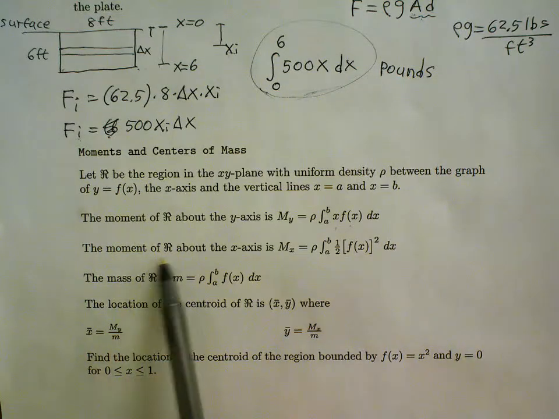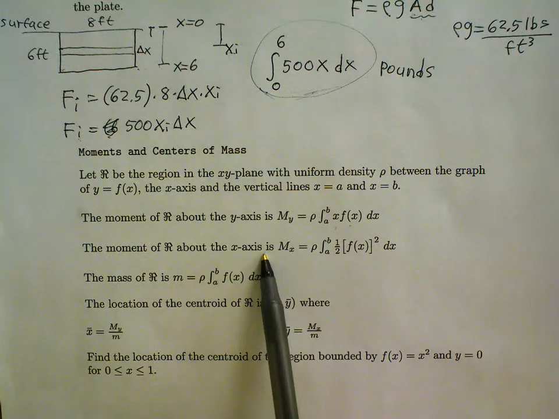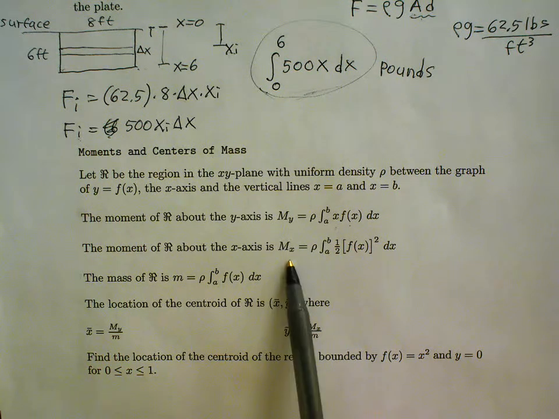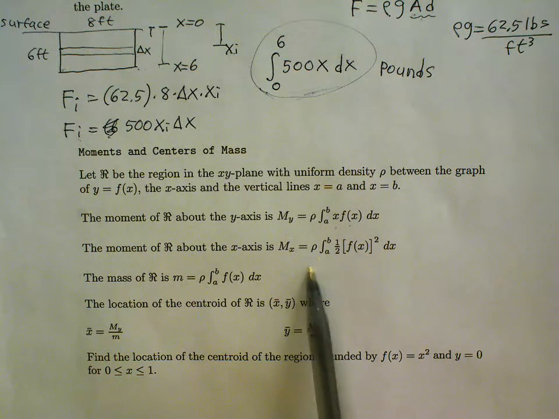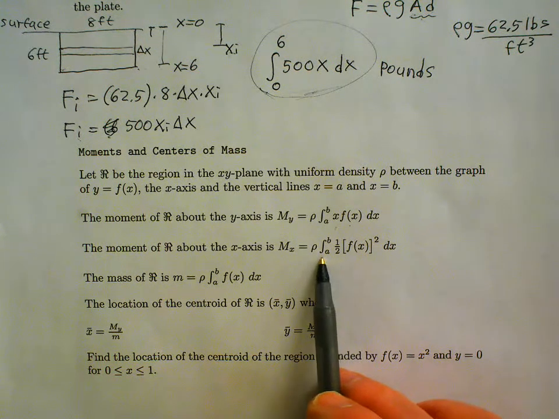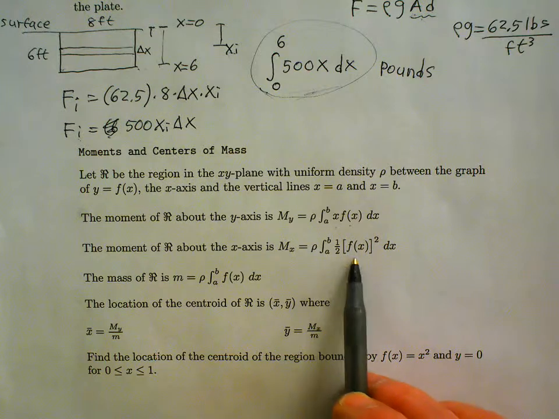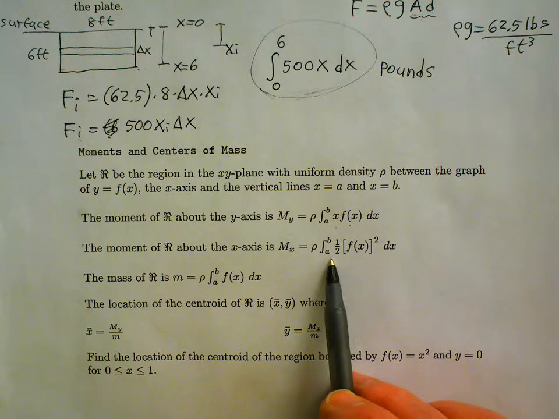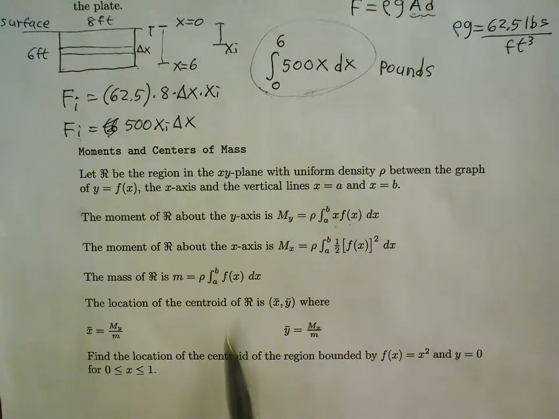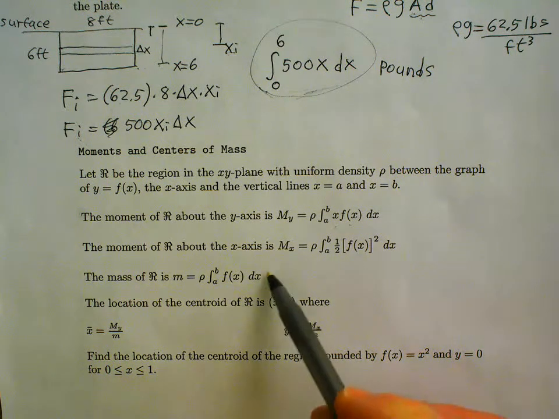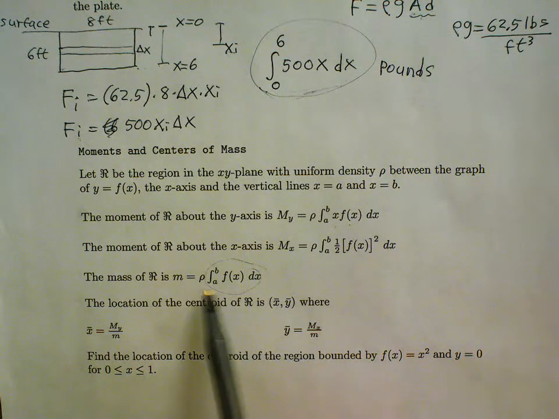The moment of the region R about the x-axis is denoted capital M sub x, and that's equal to rho times the definite integral of 1/2 the square of f of x dx from x equals a to b. And then the mass of that region is rho times the definite integral of f of x dx from a to b. The mass of the region is just the uniform density rho times the area of the region.